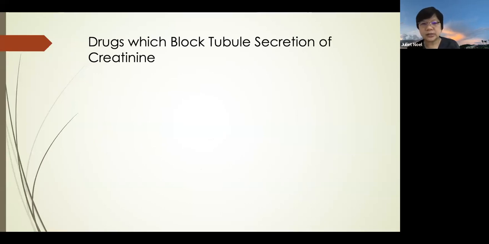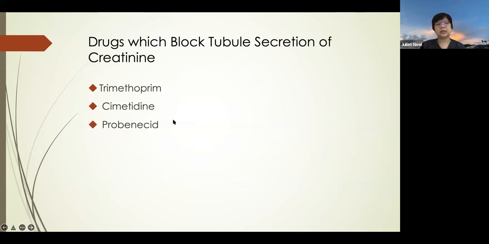There are drugs that might block tubular secretion of creatinine. That would mean the measured creatinine is slightly increased, but that doesn't reflect that the GFR is low. So what are these? Trimethoprim, the part of trimethoprim-sulfa, which is an antibiotic, can cause blockage.